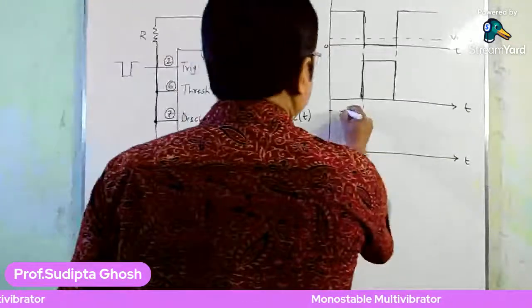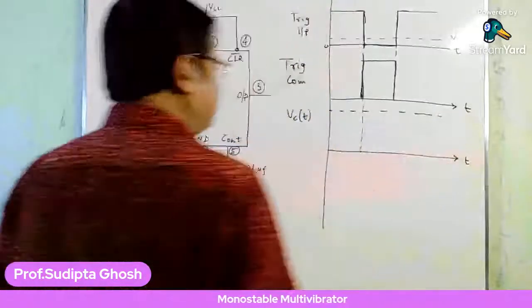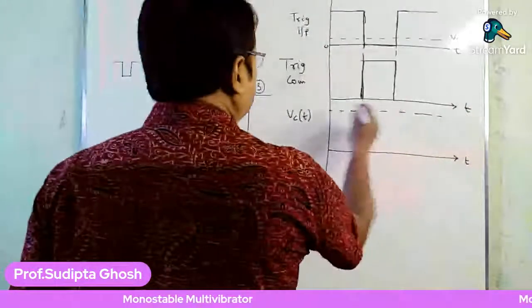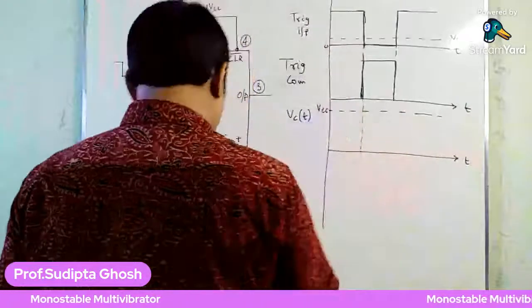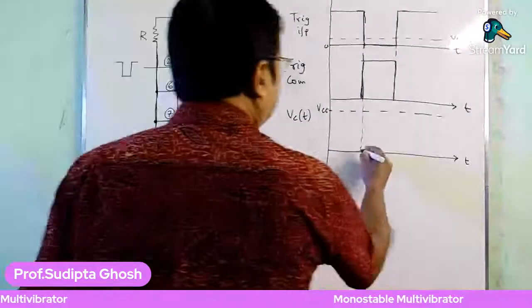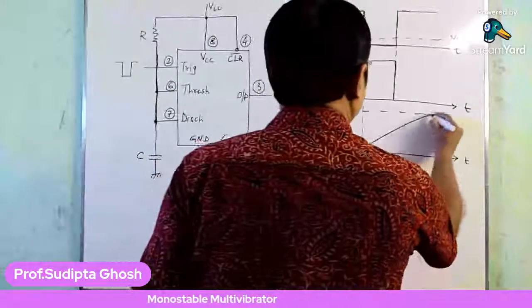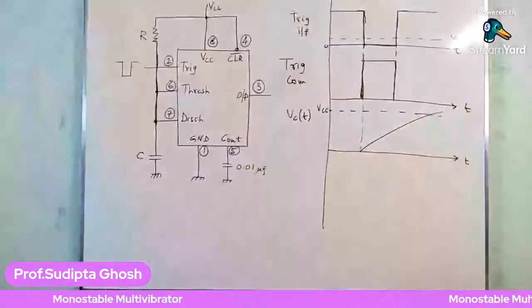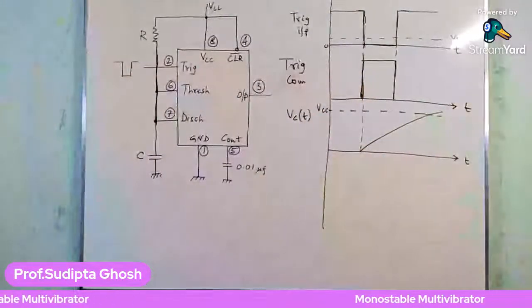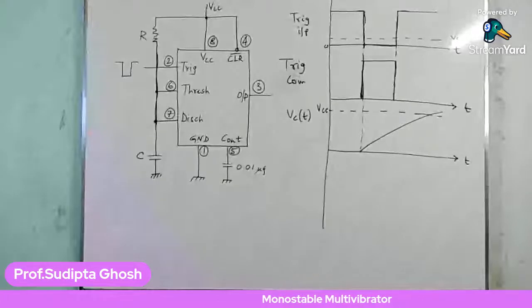Now, if this is the value of VCC, the capacitor will charge this way, from 0 towards VCC.